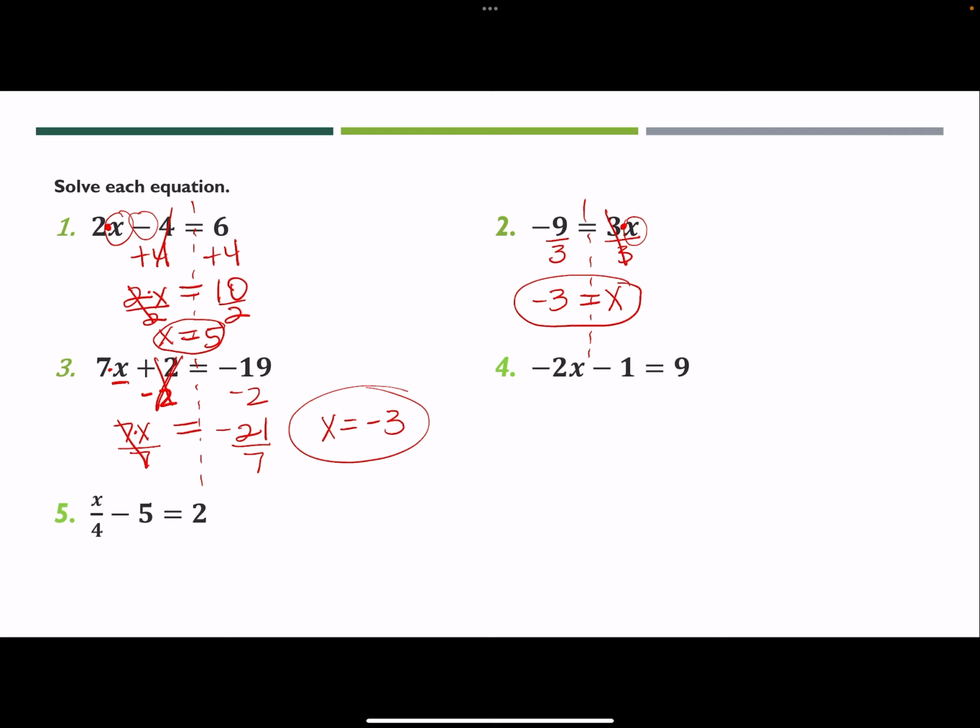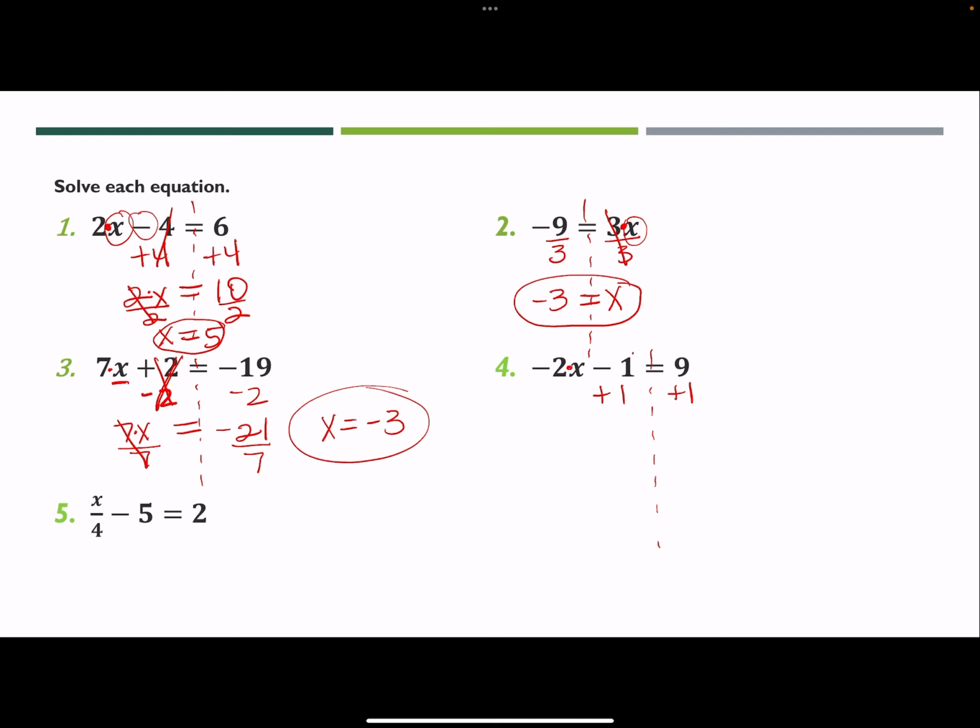Number 4, here's my equal sign. So here's my x. I have negative 2 times x minus 1. Getting rid of the adding or subtracting first. So the opposite operation or inverse operation of subtracting 1 is adding 1.